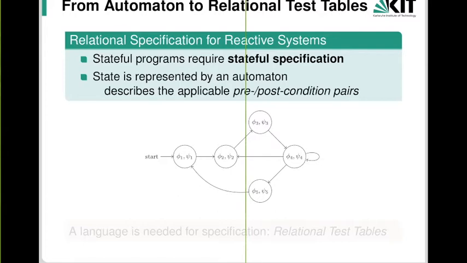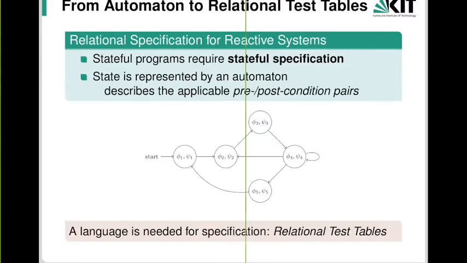And if such a relational contract is applied successfully, we can transit to the next state. So, what are relational test tables? A relational test table is a specification language for such an automaton.